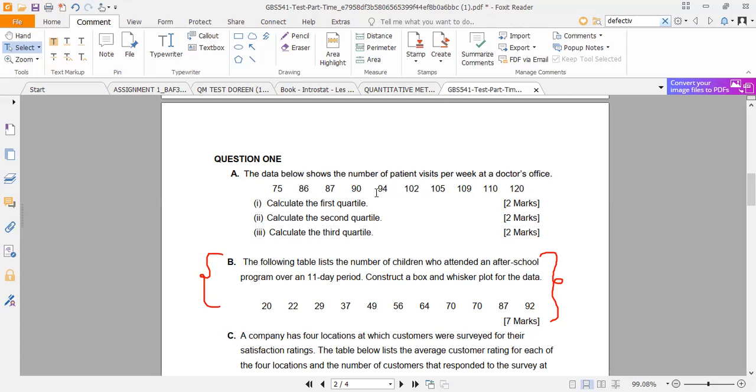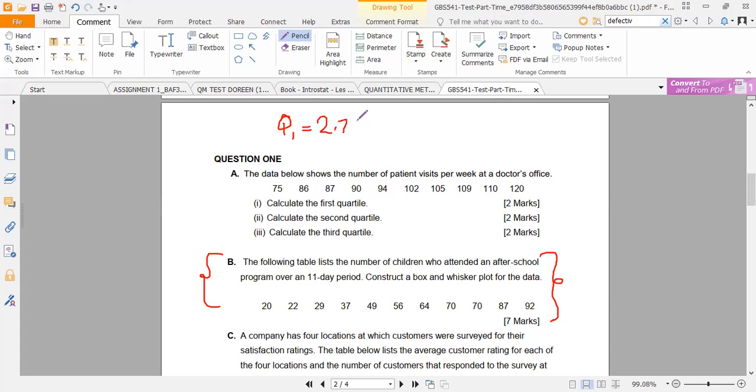1, 2, 3, 4, 5, 6, 7, 8, 9, 10. So the first quarter is a quarter of 10 plus 1. What is a quarter of 11? 2.75. So Q1 is 2.75.